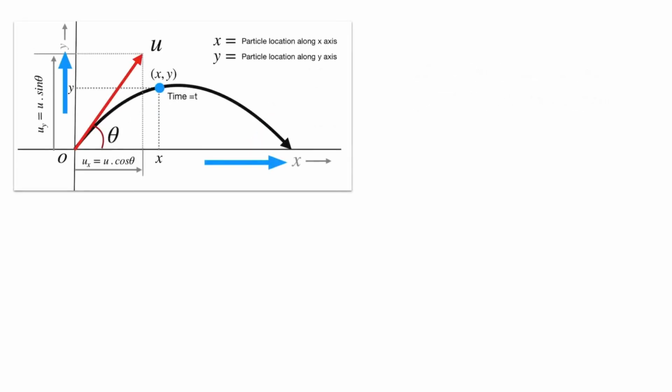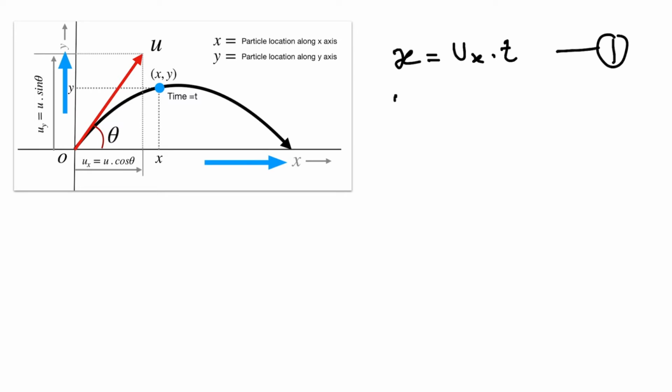In the x direction, motion is with constant speed because there is no acceleration. Acceleration is always vertical and in the downward direction. So here the displacement in the x direction is x equal to ux multiplied by time. This is our first equation, where x is presented as a function of time.